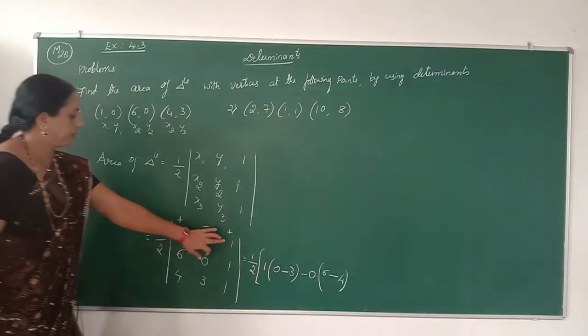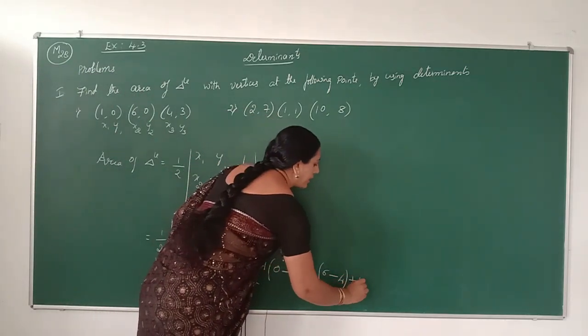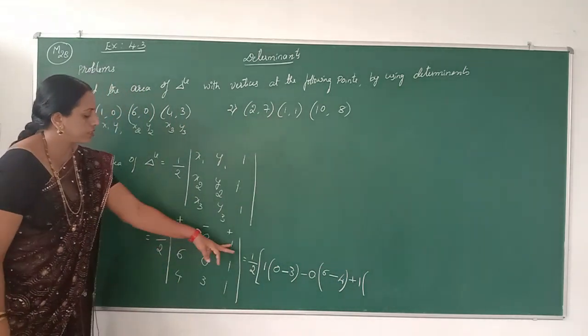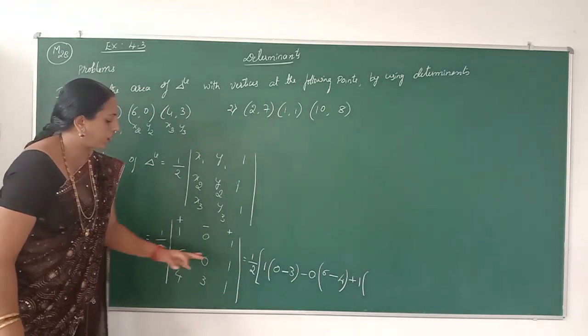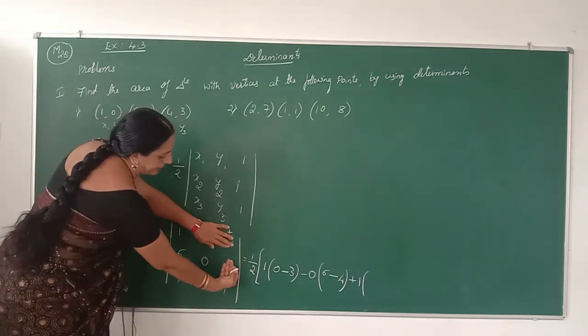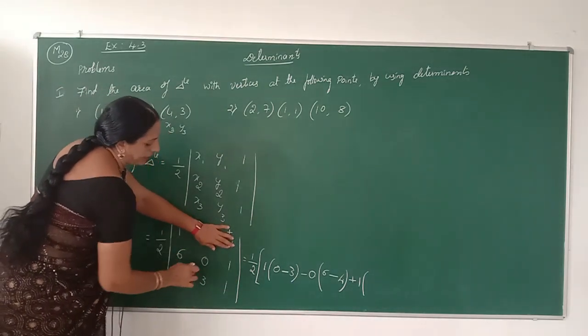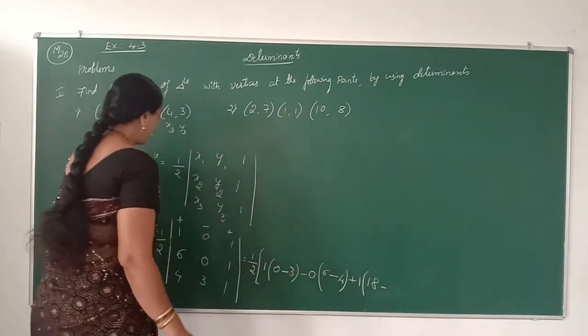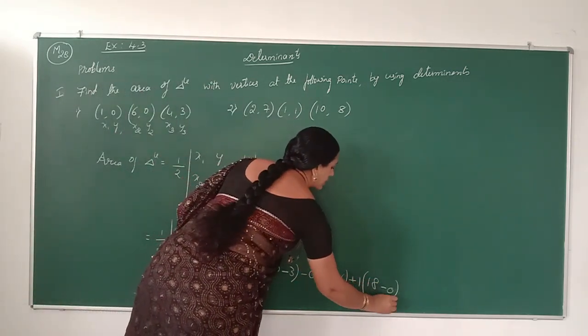Then the third element is 1, an element of the first row, third column. These elements are neglected and the remaining are cross multiplied: 6 into 3 is 18, minus 4 into 0 is 0.